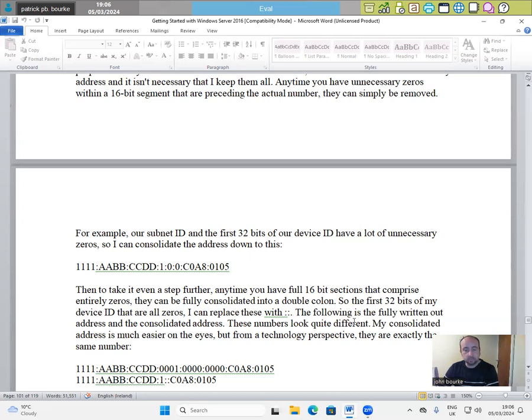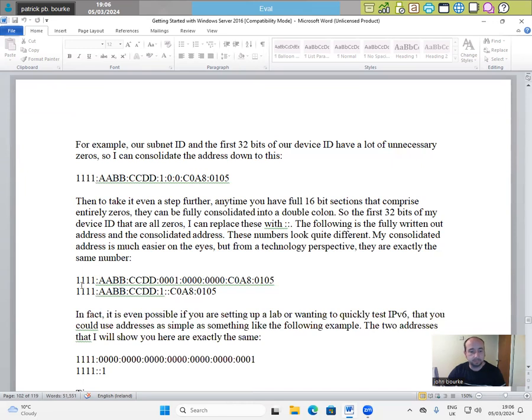The following are the fully written out address and the consolidated address. These look quite different. My consolidated address is much easier on the eyes, but from a technology perspective, they are exactly the same.